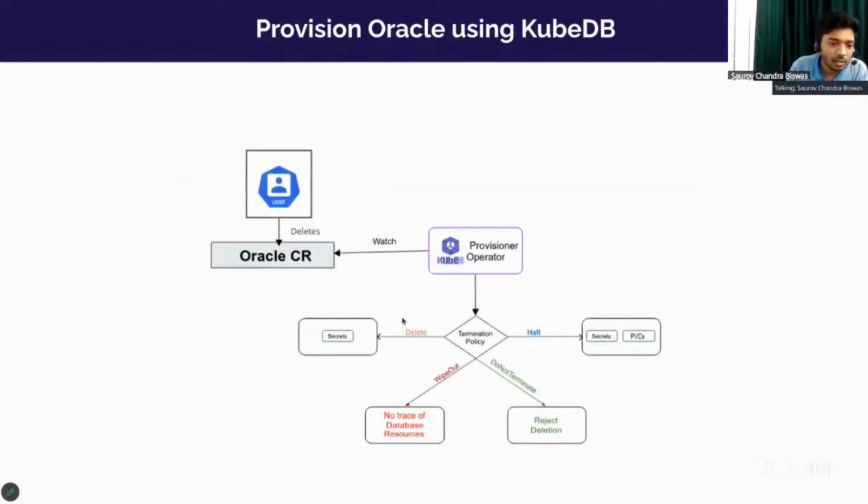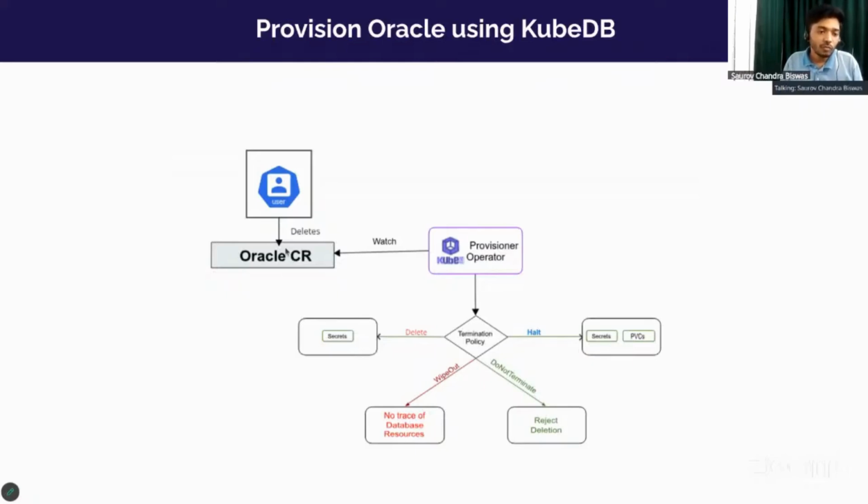Now, in my previous slide, if you remember, I talked about deletion policies. Previously this was known as termination policy. Suppose at some moment in the lifecycle of Oracle, you decide that you will terminate that particular Oracle instance.